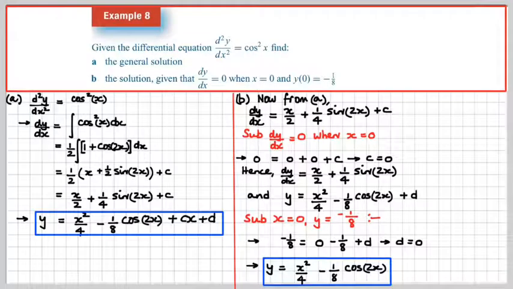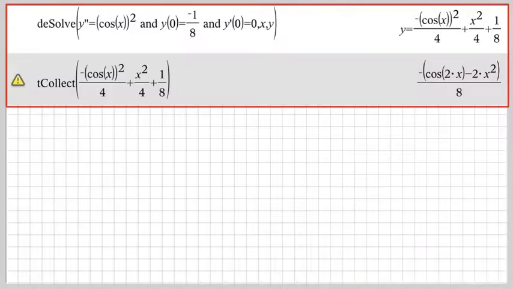Let's go back to where we were. Now if you were in a CAS active exam, guys, you could easily do this without all the palaver, but this is important to know how to do it. But if you were in a technology active exam and you just wanted to get the solution, here it comes over the page. dSolve. dSolve is in the menu of your CAS device if you've got a TI device like we do at my school. Now watch this syntax.